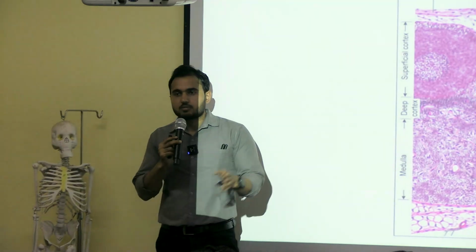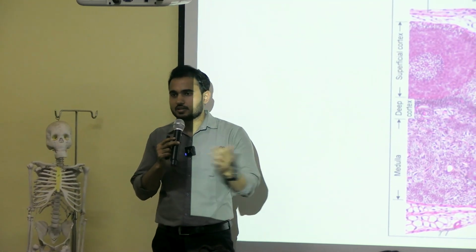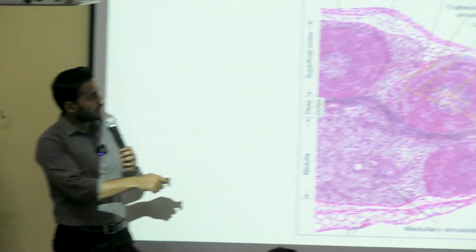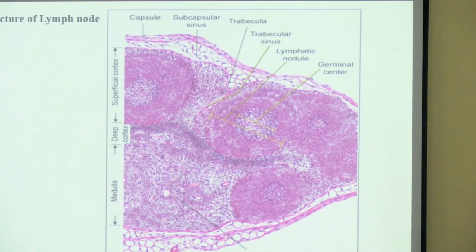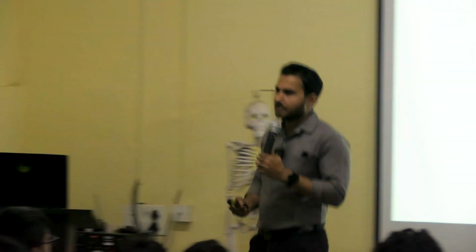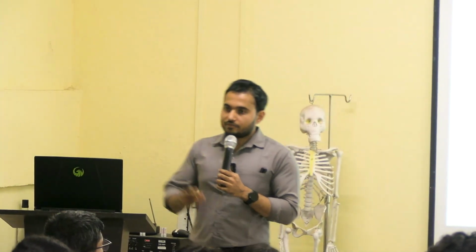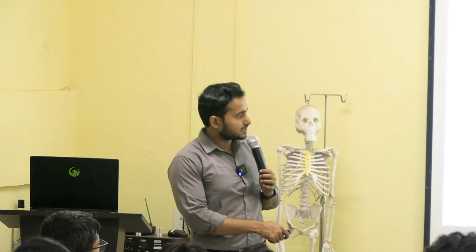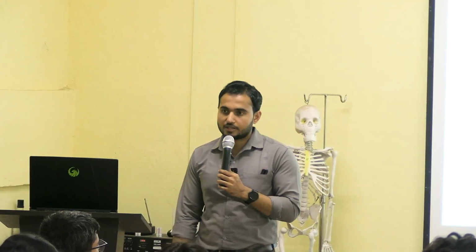Now what are the three different sinuses we have seen? First is the subcapsular sinus, then the trabecular sinus, and then the medullary sinuses. What is the significance? The lymph flows through those sinuses. Once it reaches the medullary sinus, it comes out through the efferent vessels.